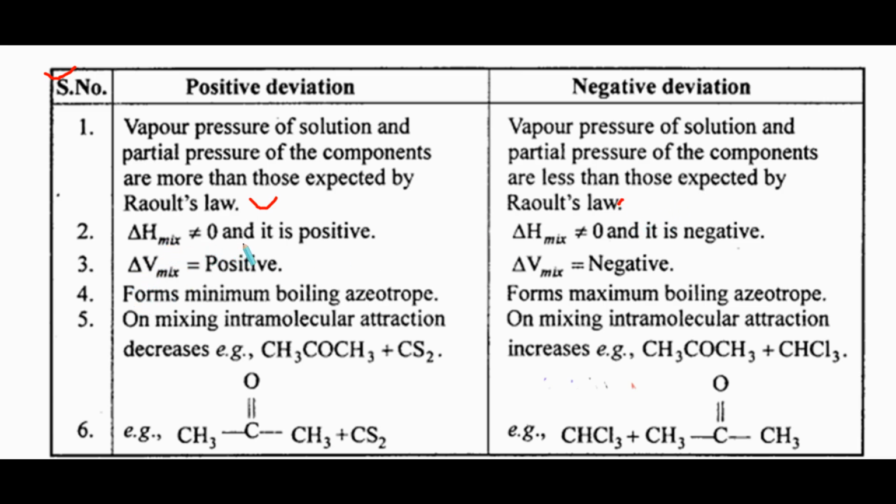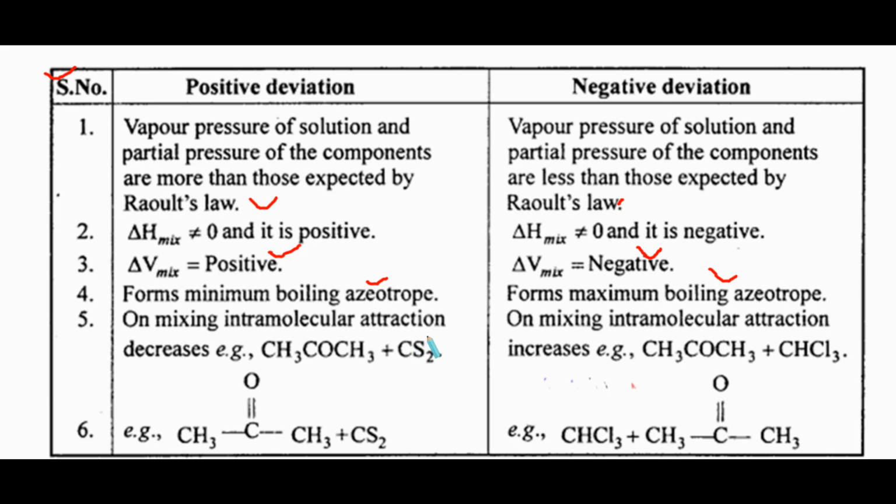Delta H mix is not equal to 0 and it is positive. Delta H mix is not equal to 0 and it is negative. Delta V mix is positive and delta V mix is negative. Forms minimum boiling azeotrope solution, forms maximum boiling azeotrope solution.